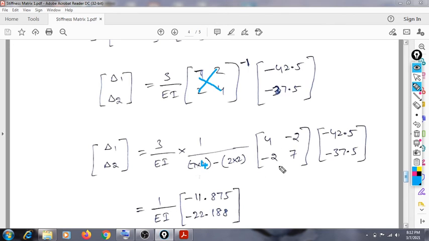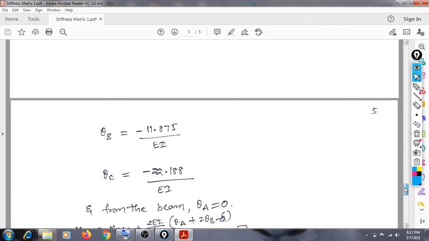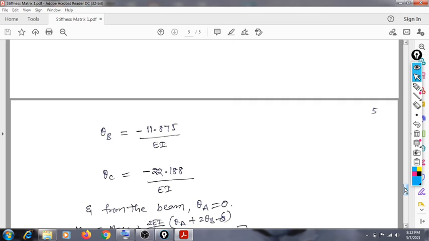So 4 minus 2 minus 7, and so we get the values of delta 1 and delta 2. These delta 1 and delta 2 are accordingly theta B and theta C, and from the beam theta A will be 0 because it is a continuous beam, the theta A is given as 0.